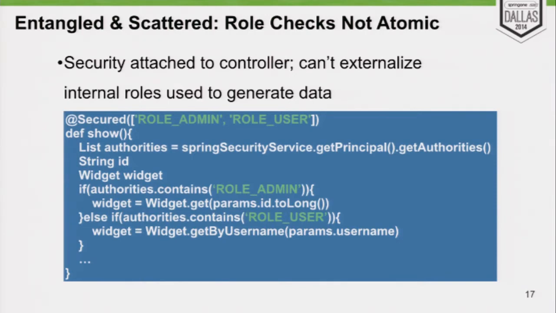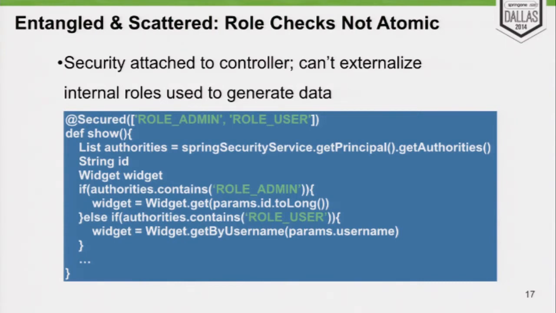But often, we want to be able to say, if role admin calls this, build this a certain way. And if role user calls this, build this another way. Because I don't want them to be able to call it via the ID. I want role user to call it an entirely different other way.